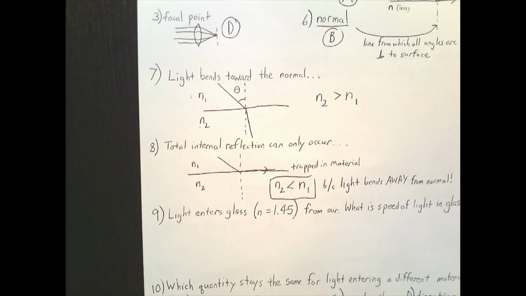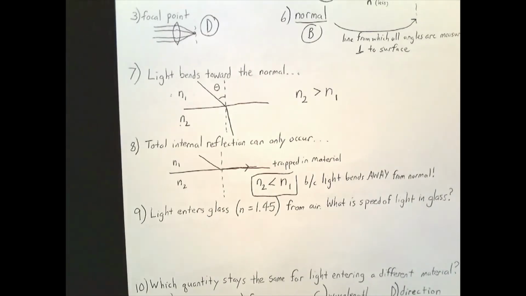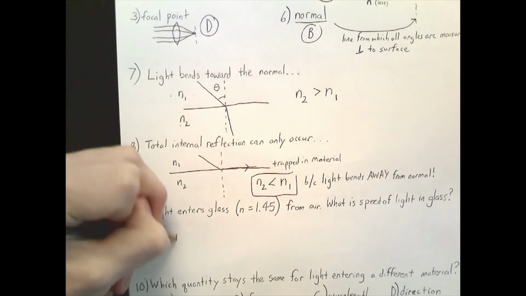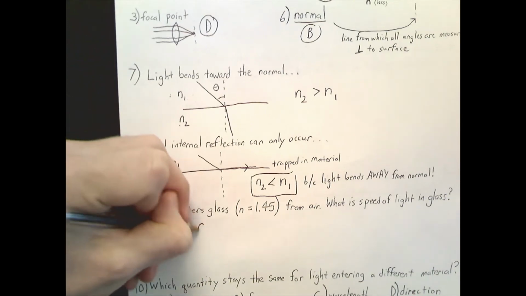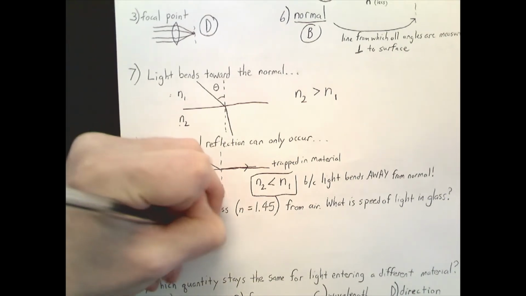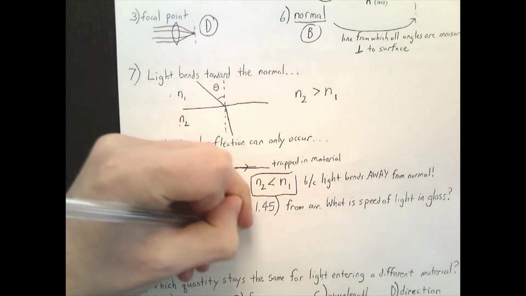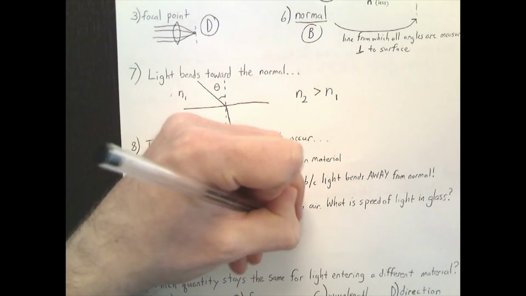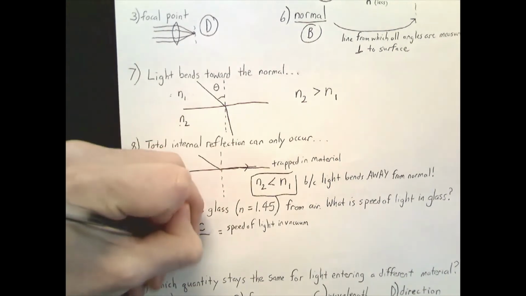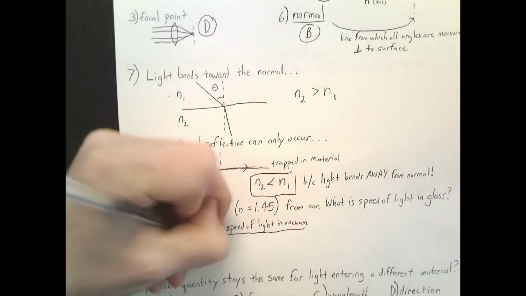We have light entering glass of index of refraction 1.45 from air, and we want to know what the speed of light in the glass is. Well, this sort of question is asking about what the definition of the index of refraction really is. N is a ratio of the speed of light in a vacuum, C, to the velocity, the speed of light in the material.